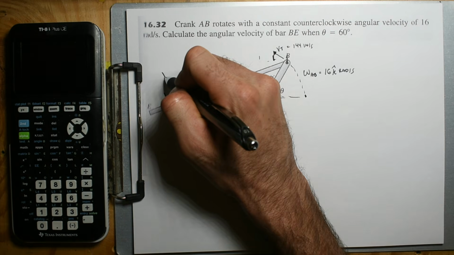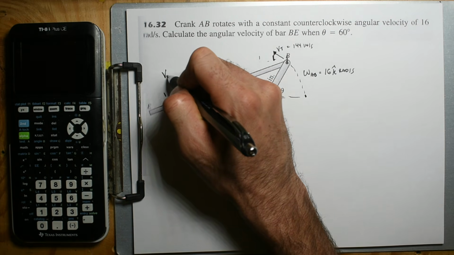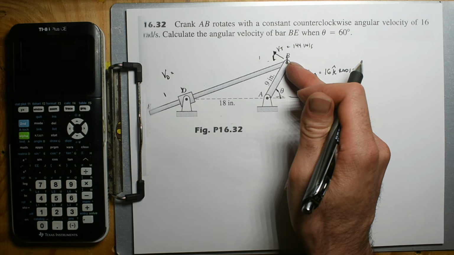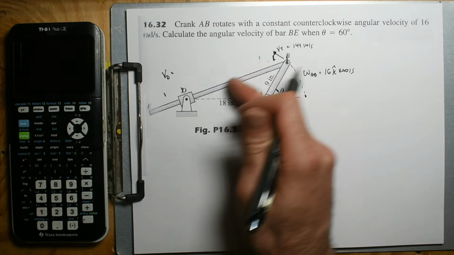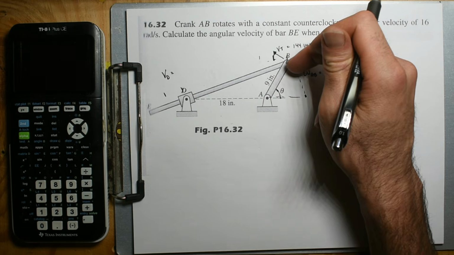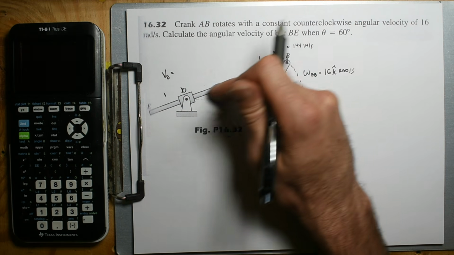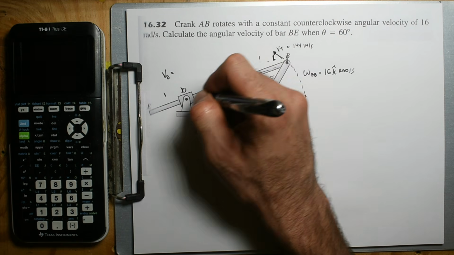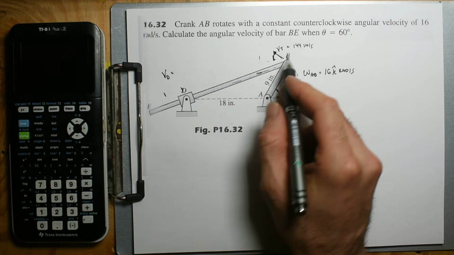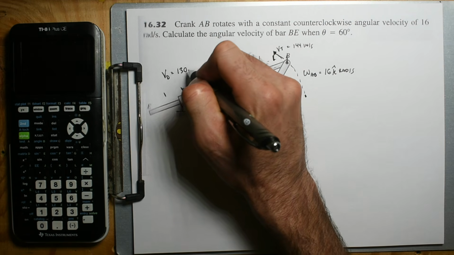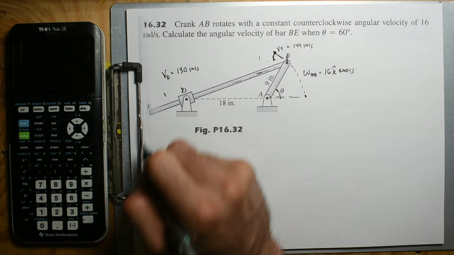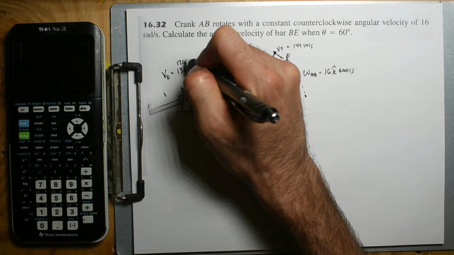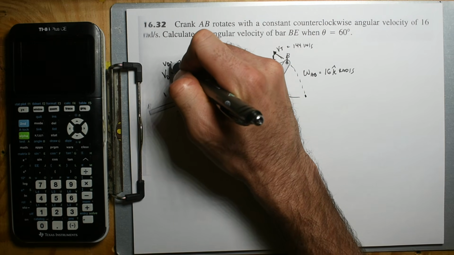But the velocity at D is going to be less, because it's not directly in line. The only way the velocity would be perfectly the same is if this tangential velocity was directed straight down this rod. So I'm just going to guess 130 inches per second. Maybe 120. And then we can maybe double check that.